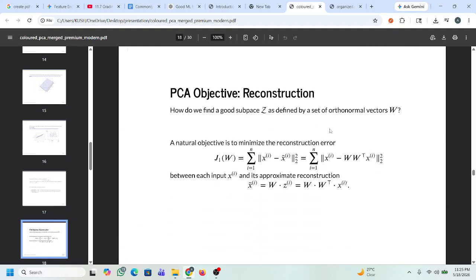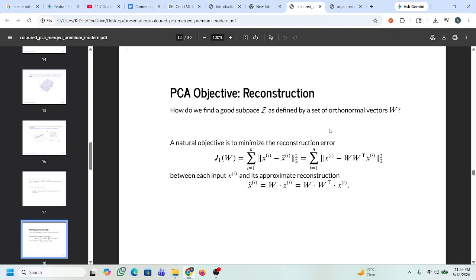Now moving to the PCA objective. The first one is reconstruction. By reconstruction I mean taking the L2 norm of the actual value of X minus the restored value of X, written as the norm of Xi minus Xi tilde, squared, where the superscript 2 stands for squaring.